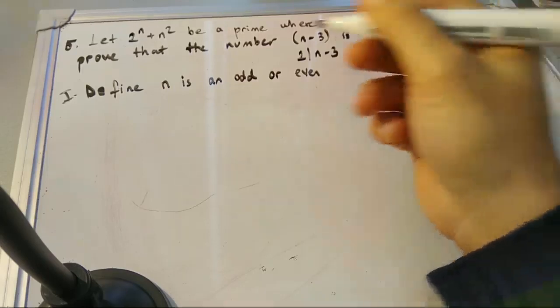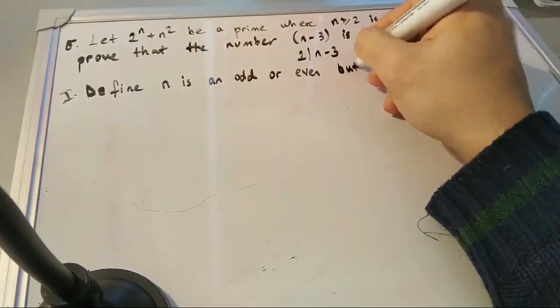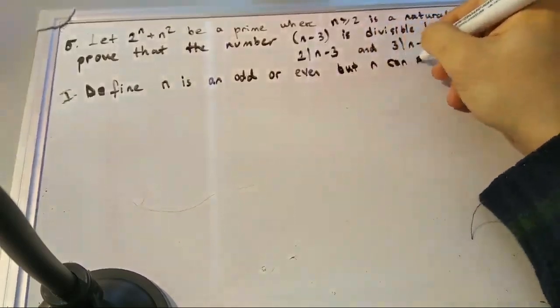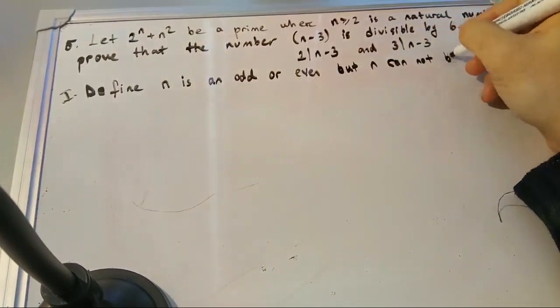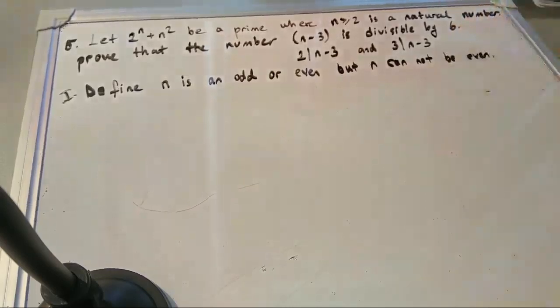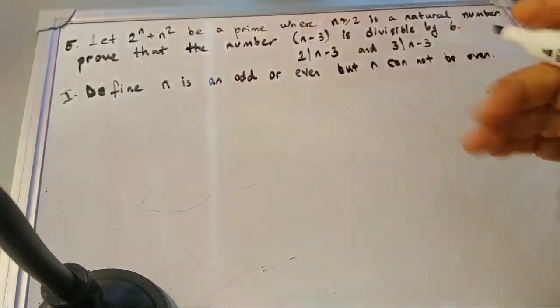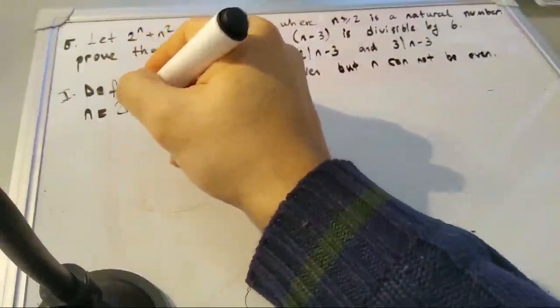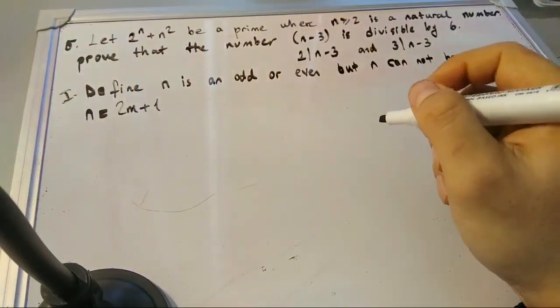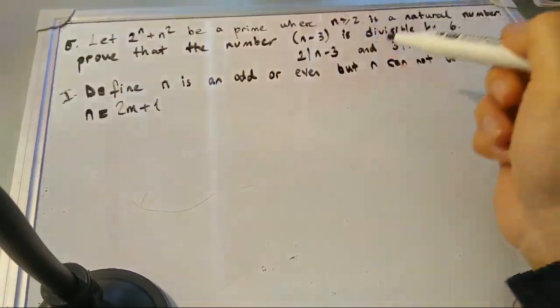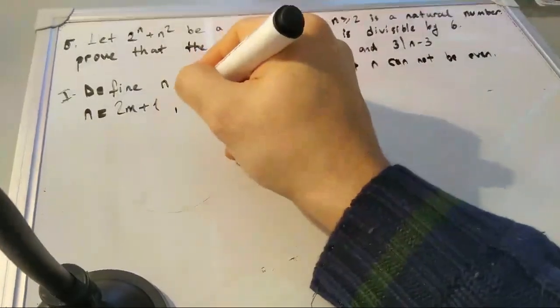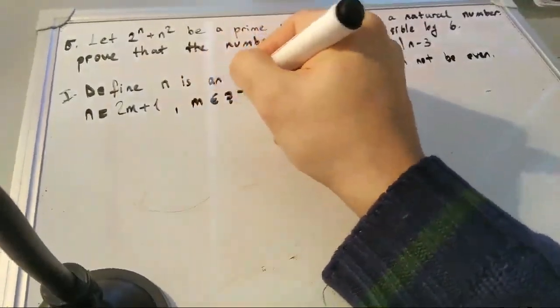So n cannot be even. So we say that n is an odd number. If n is an odd number, instead of n we can write 2m plus 1. It says n is greater than or equal to 2, so m is an element of positive integers.